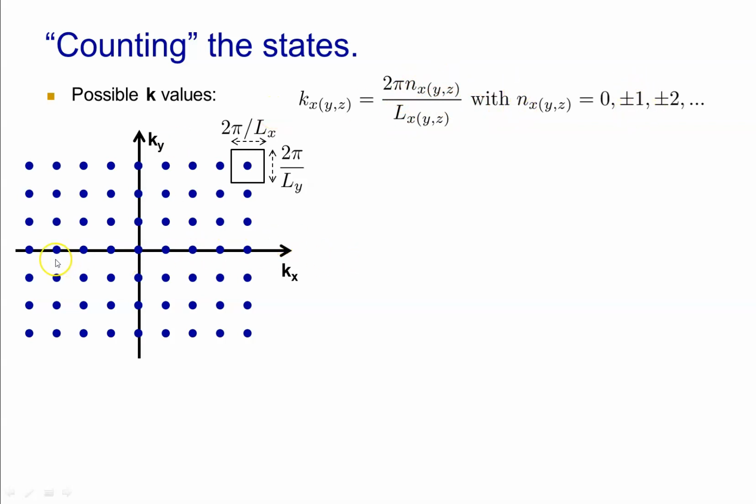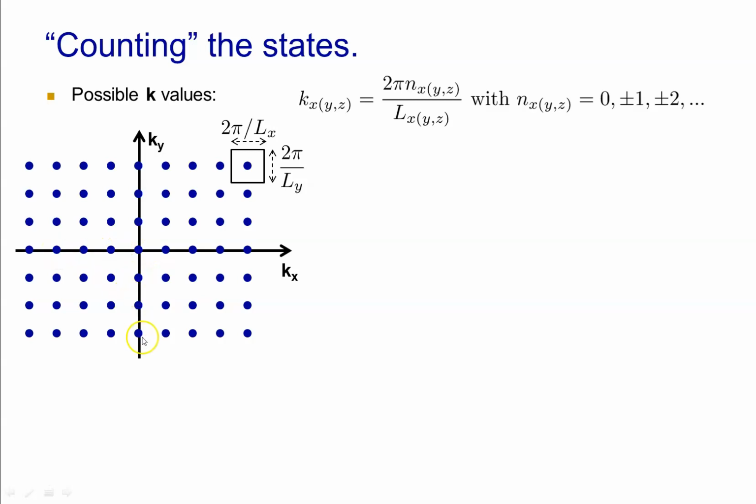So if I plot where these states are, they are labeled by a kx. If I put kx on an axis, and then look at the states here, I have the states with nx equals 0, nx equals 1, and this distance here is 2 pi over Lx. Then nx equals 2, nx equals 3, and the same for negative values of nx: minus 1, minus 2, minus 3.